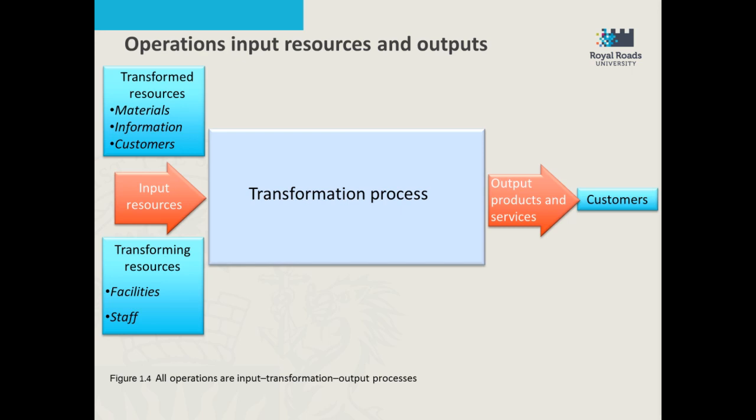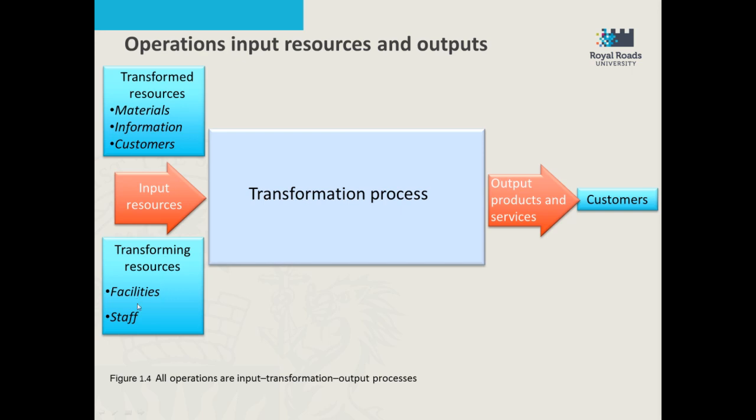Remember the pizza example. Input could include cheese, flour, pepperoni, meat, all this. This is raw material. And also information about the order, information about customer requirements, recipes. Customer, as we discussed, is part of the input, but it's relevant to service operation.